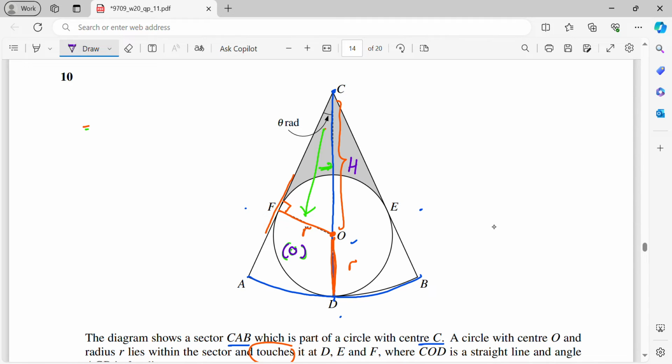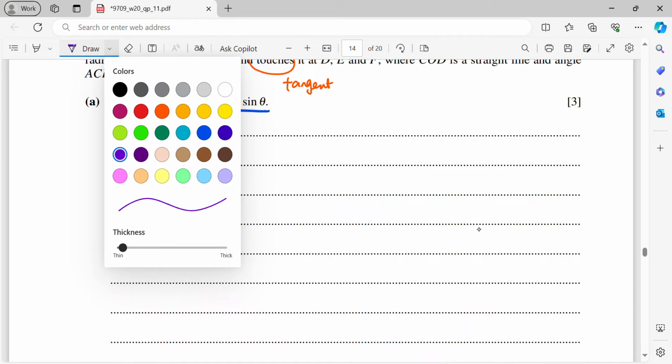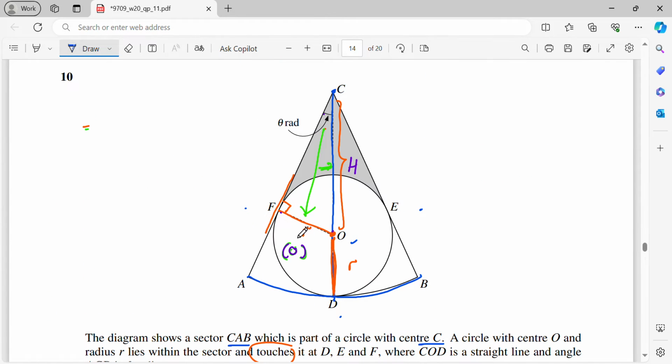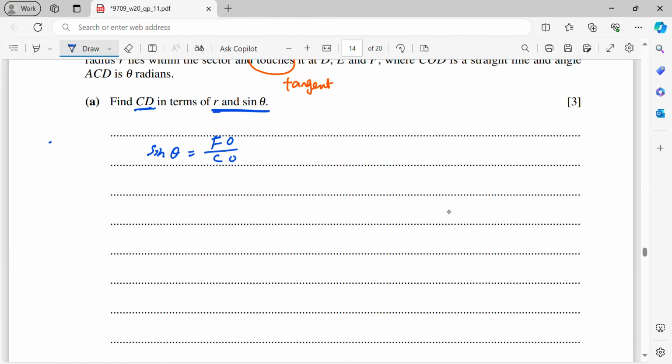So opposite and hypotenuse, that is sine. So I will write sine theta is FO over CO. So my FO is R. Therefore, my CO, I will just move up to the left side and the sine theta moves down. It will be R over sine theta.